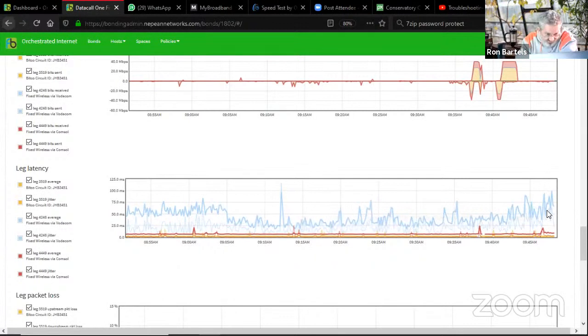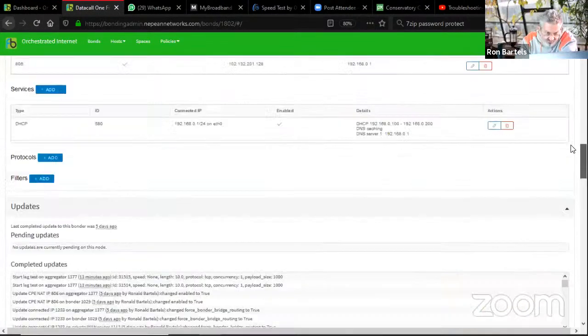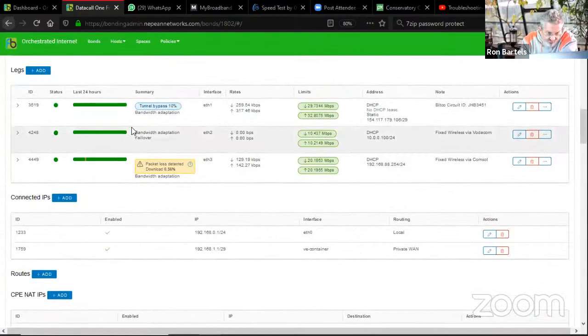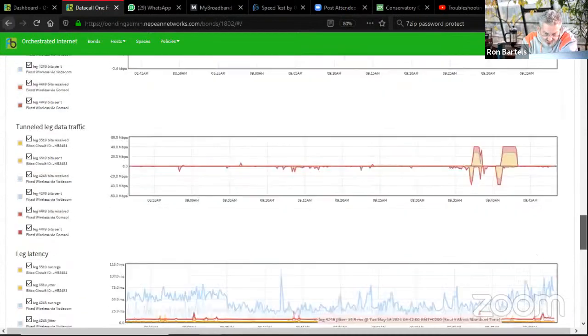It goes quite shockingly high at times, at this moment nearly 98.7 milliseconds. So this particular leg is in failover mode, and it's only a last resort because the latency is so bad on it.